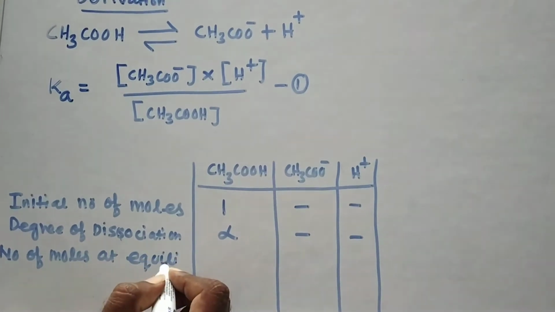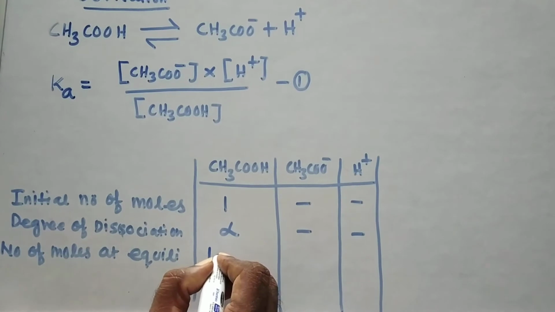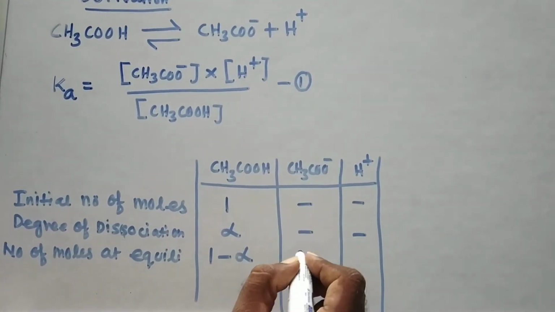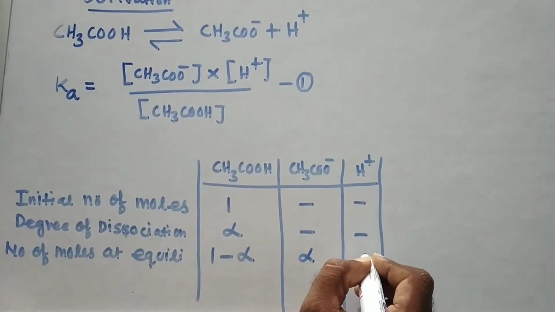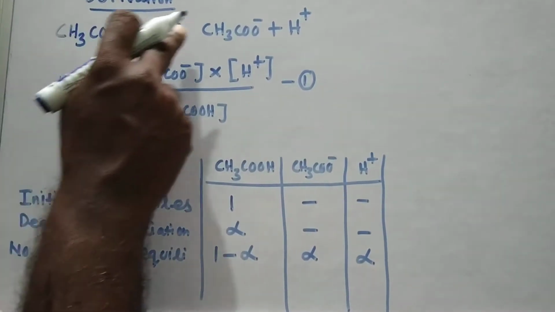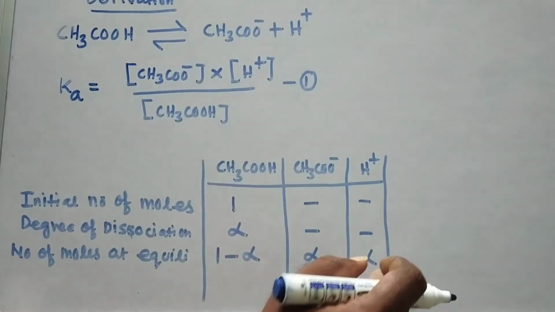Number of moles at equilibrium is equal to initial number of moles equal to 1. Then degree of dissociation equal to alpha. Therefore 1 minus alpha. Here acetate ion is equal to alpha and H plus equal to alpha, because from one molecule of acetic acid, one acetate ion alpha is formed. Also one H plus ion alpha is formed.